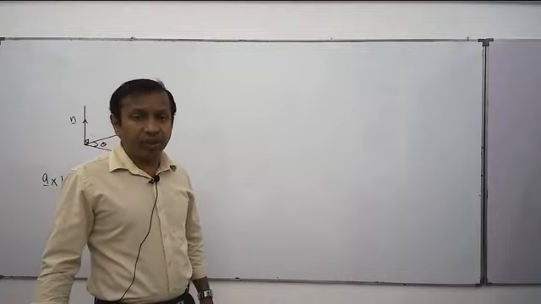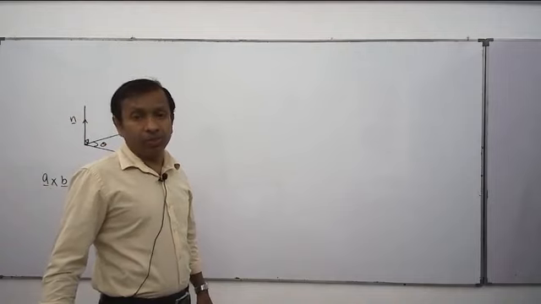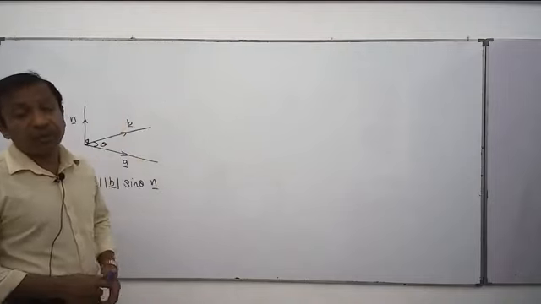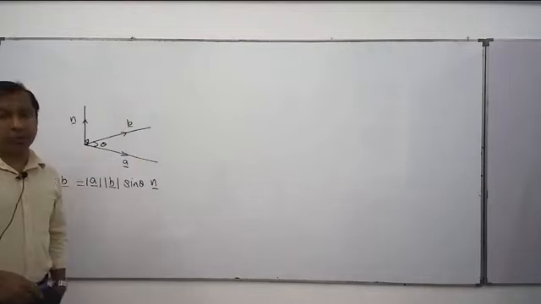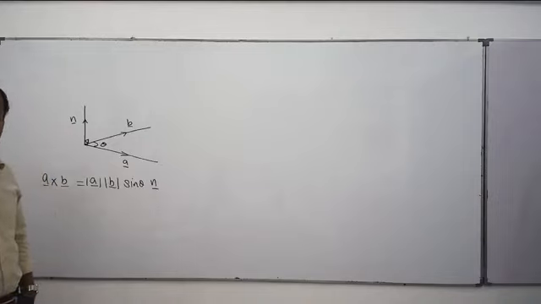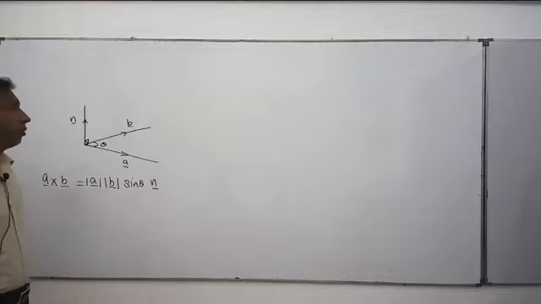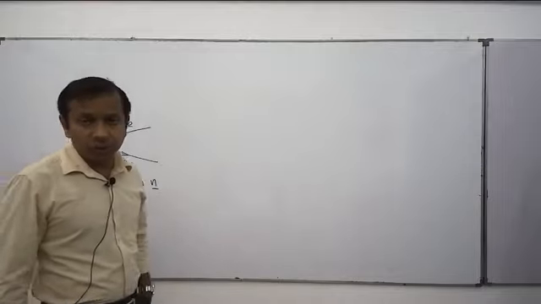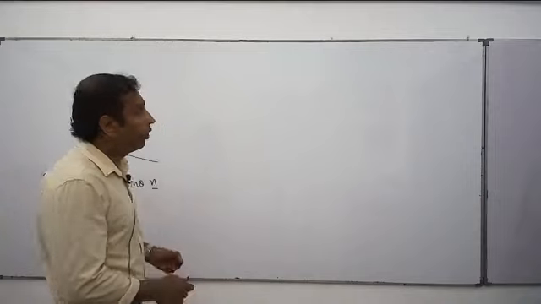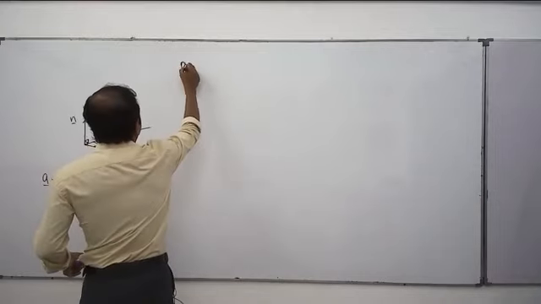So this result is a vector. That is why this is known as vector product or cross product. Cross product and vector product mean the same, right? So now today, people, I will write some properties of this cross product.